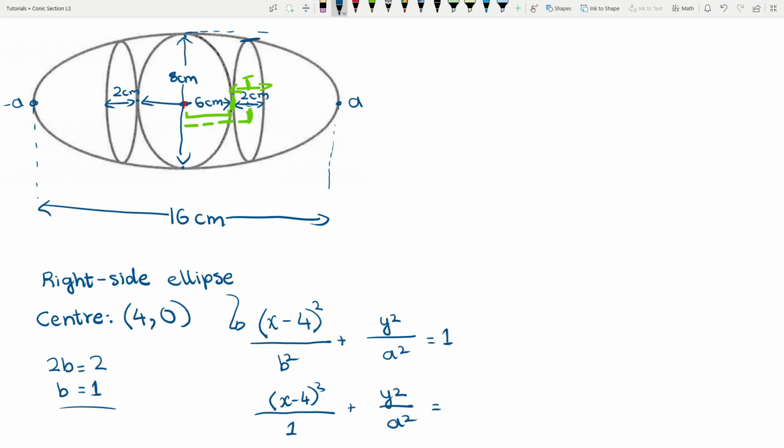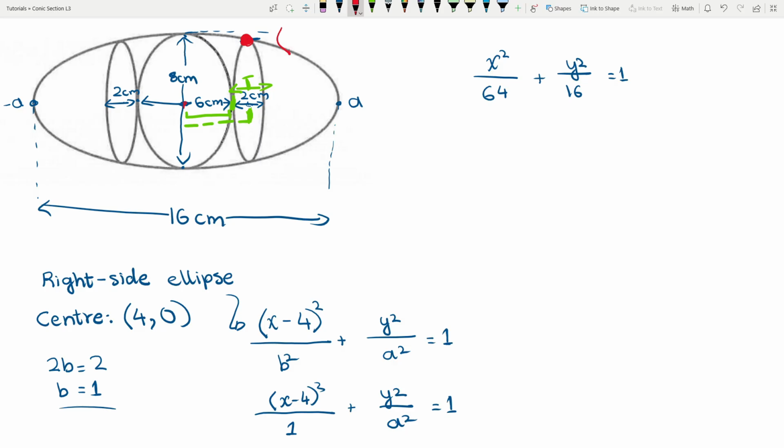Now a squared we do not know, so we're going to leave it like that. We are going to work this out by substituting into the bigger ellipse equation, which has x squared over 64 plus y squared over 16 equals 1. So what we want is this point over here.